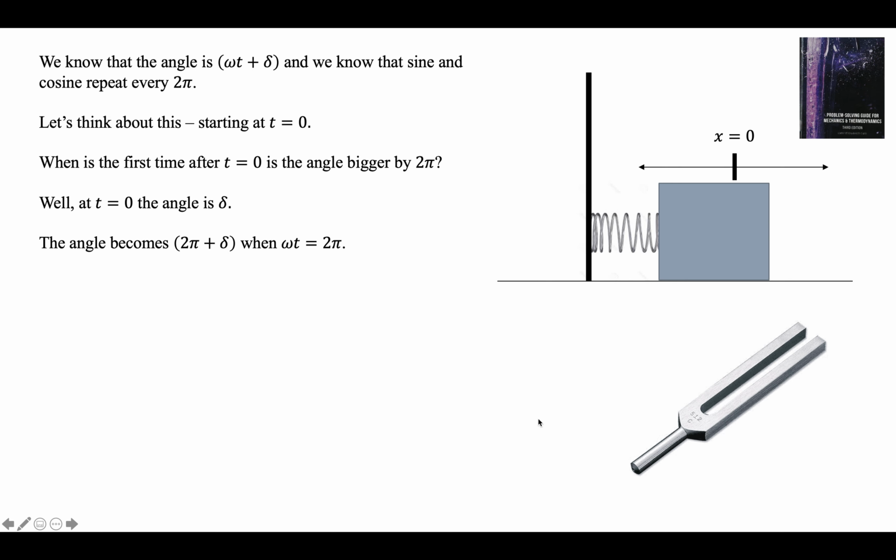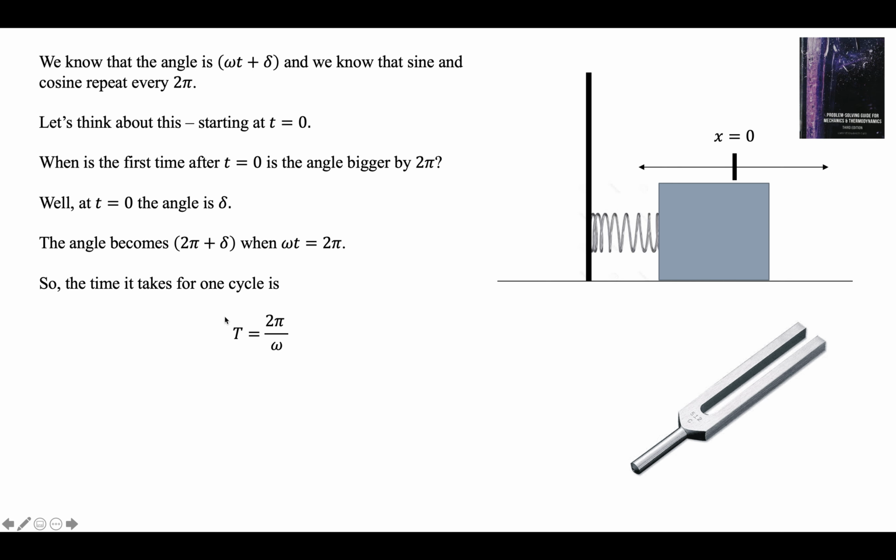The angle becomes 2 pi plus delta when omega t is 2 pi. So as soon as omega t grows to 2 pi, that's one cycle. It went through one cycle. The time it takes for one cycle is 2 pi over omega. We just solved this for t, the time for one cycle. We just put the omega on the other side.